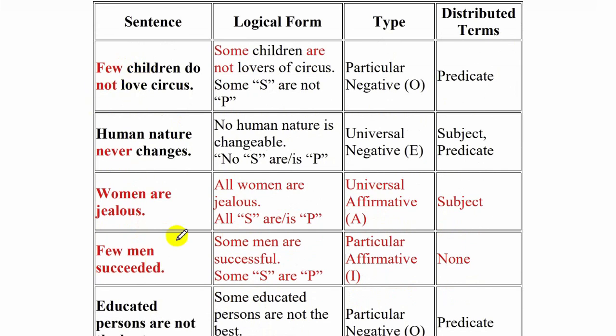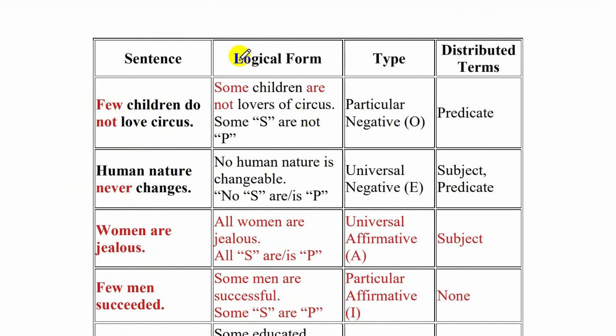Now let us look at a few sentences which have come in the exam papers. They'll give us a sentence and tell us to convert it into its logical form.